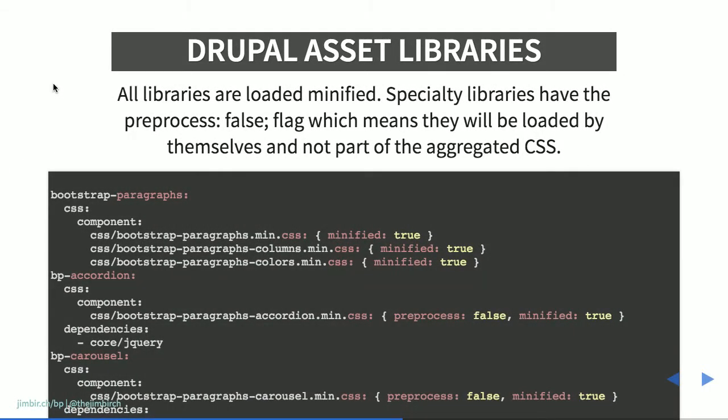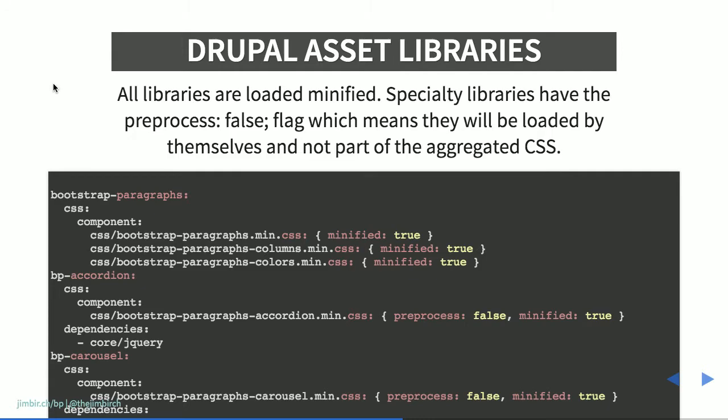So in the module file, we have all of these libraries. Basically, there's the base, the colors, and the columns. Those are the front ones. And then as you get down into the specific templates, accordion, tabs, we're loading them. And we load it, what's the word, with the preprocess false flag. So your base and your columns and your colors get into your aggregated CSS.